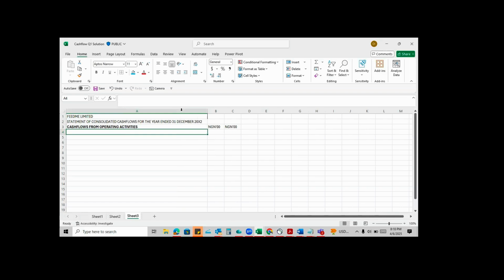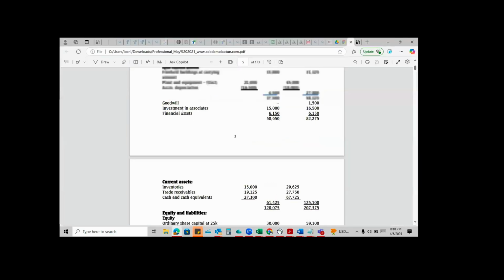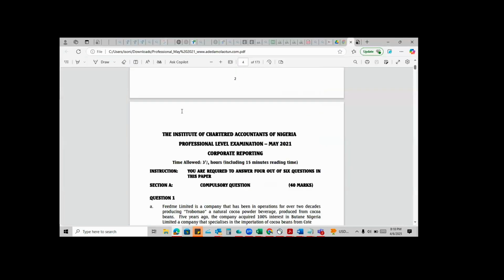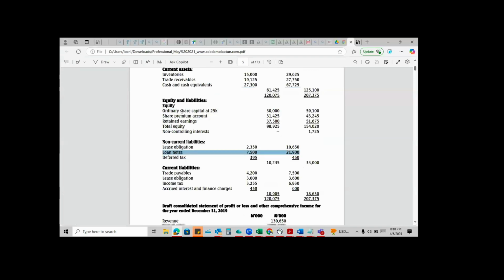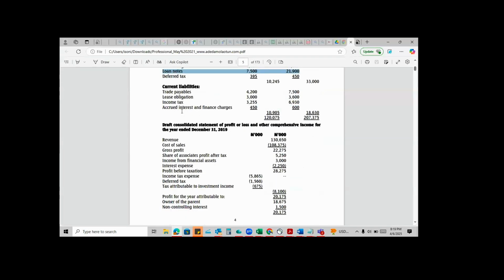Usually we'll start from the level of the PBT, the profit before tax we were given. I believe you can see the whole of my screen even when I move from one application to the other. That's why I'm sharing the whole of my screen. Is that the case, everybody?